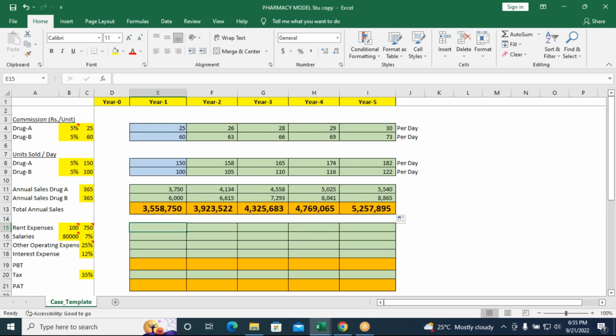So tell me how I should calculate the rent expenses now. Ma'am, it should be 100 into 750 into 365.